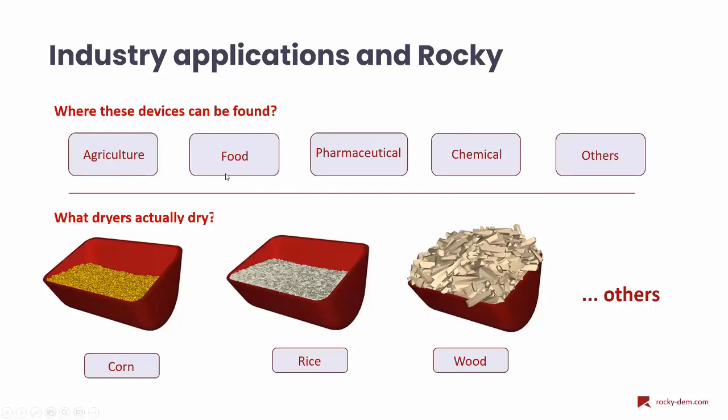So basically you spray or make the particles wet, and then you dry them for a while, and then you spray again, dry again. So we call that a batch drying process. So those are found in the food industry. Also in the pharmaceutical industry, we can find dryers such as agitated filter dryers, in the chemical industries, and also in other industries.